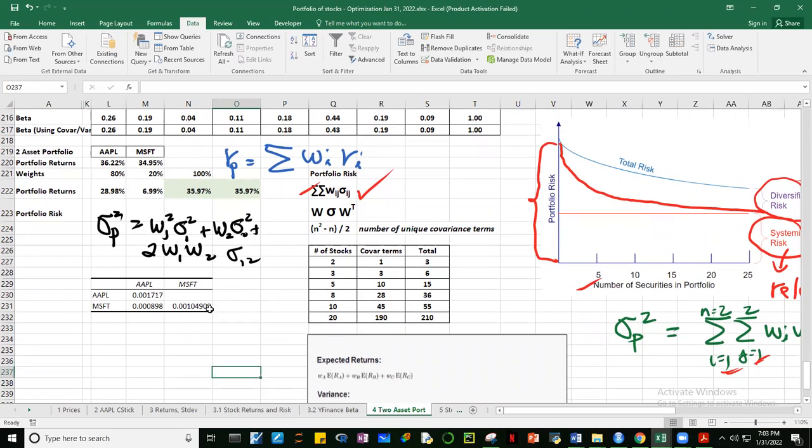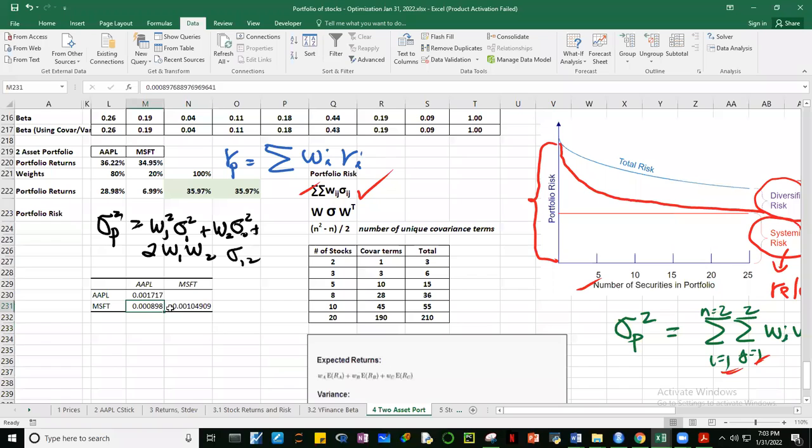Okay, so this one, it's a square matrix, no? This is the apple with apple. This is the covariance of apple with apple, or that's the variance of apple. Ito naman, Microsoft with Microsoft, that's the variance of Microsoft. So yung mga diagonals dito guys, kunyari 4x4 yan, 5x5, yung mga diagonals, sila yung variance.